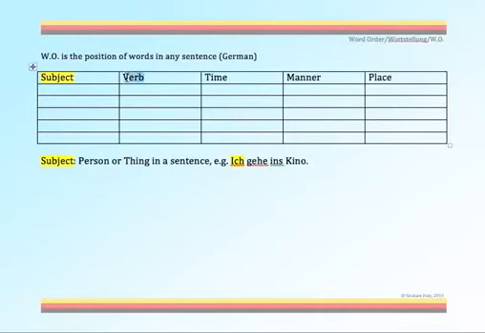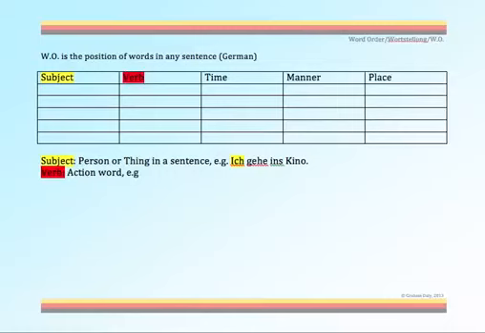Now the next part of this German sentence is the verb. This is self-explanatory, we all know what this is. Again, I'll just put it in the same size here so that you can see it properly. The verb, an action verb, is an action word.